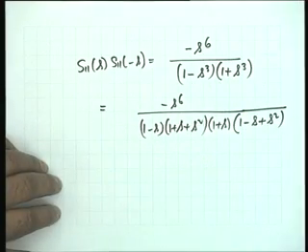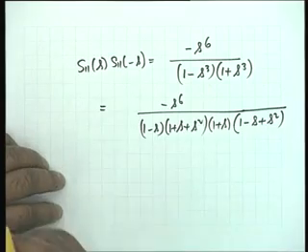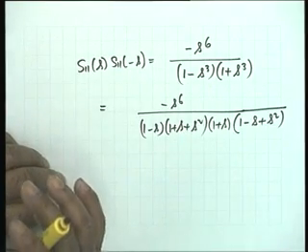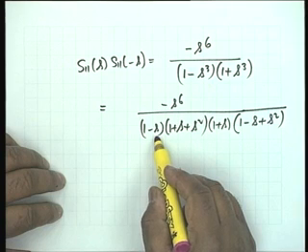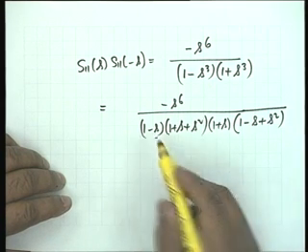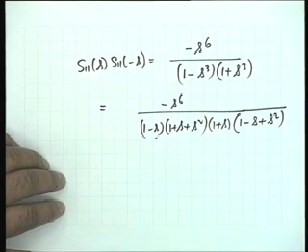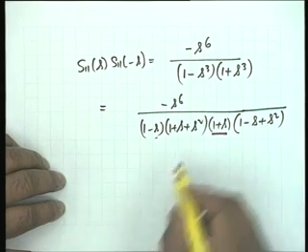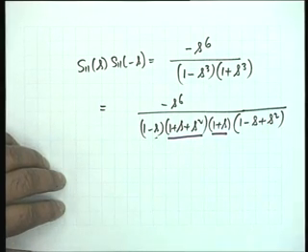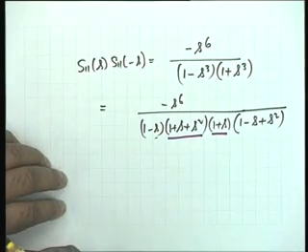Now, which of these factors will have left half plane zeros? Obviously, this factor has a right half plane zero. 1 minus S, the zero is at S equal to 1. This has a left half plane zero at S equal to minus 1, and this. Agreed? I am talking of zeros of the denominator.